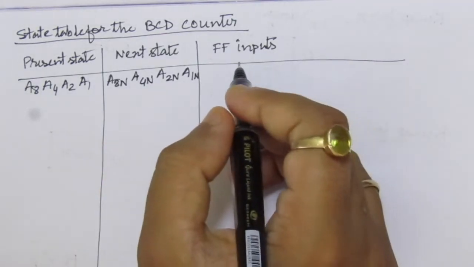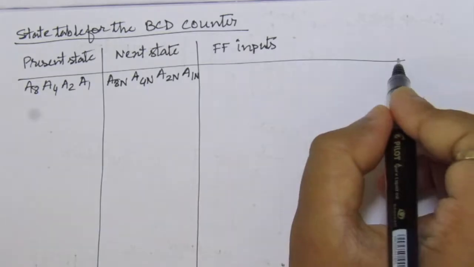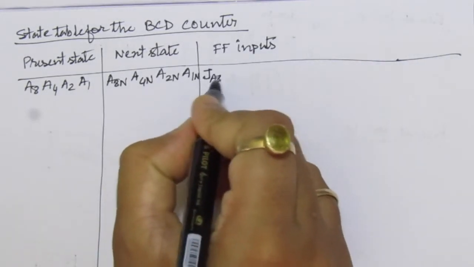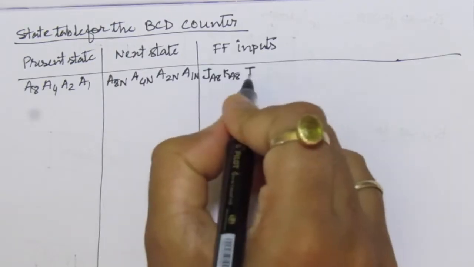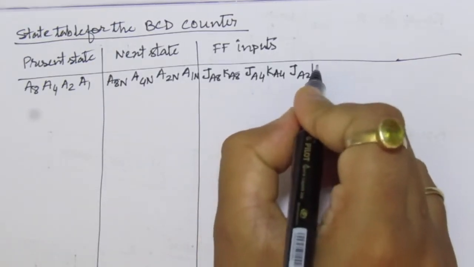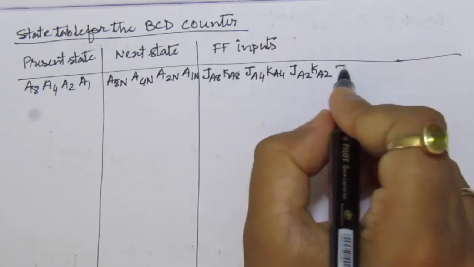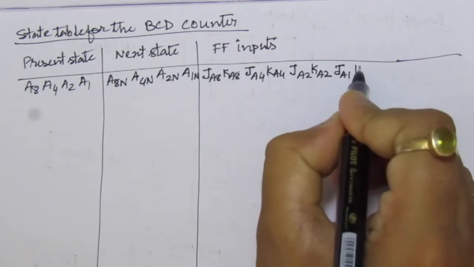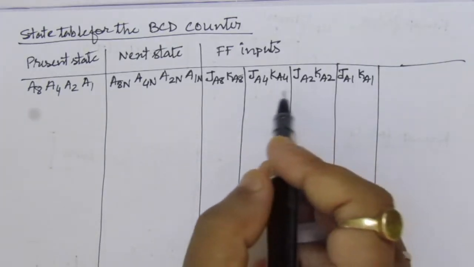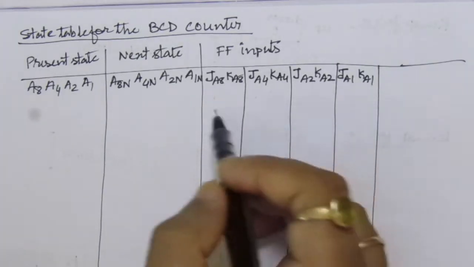Then we have to find out the flip-flop inputs. So for the 4 JK flip-flops, here we'll have JA8, KA8, JA4, KA4, then JA2, KA2, then JA1, KA1. So for all the 4 flip-flops, we have to find out the J and K inputs here.